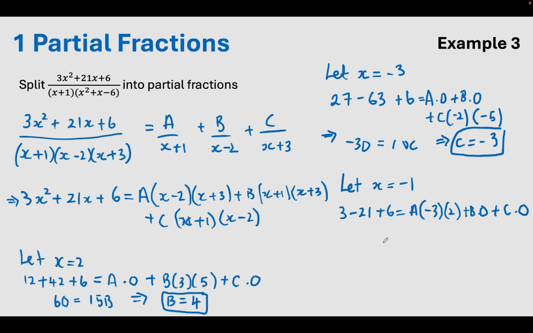So on the left hand side here I get negative 12 now equals minus 6a, and therefore a is 2. Okay, and I should just have enough room at the bottom here, so I get 2 over x plus 1 plus 4 over x minus 2.